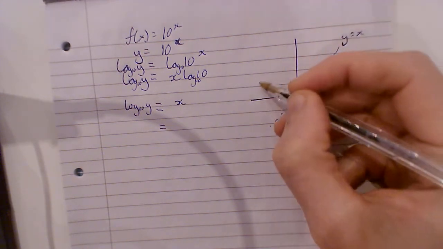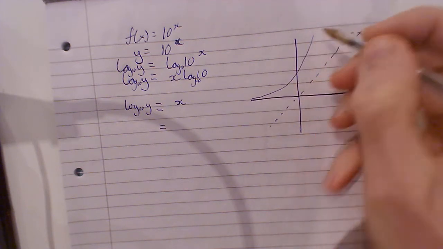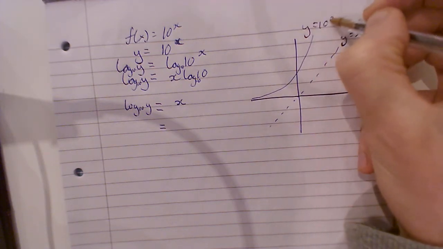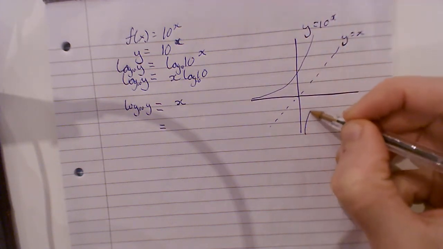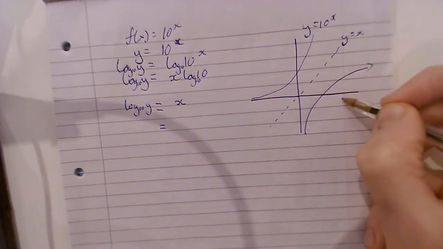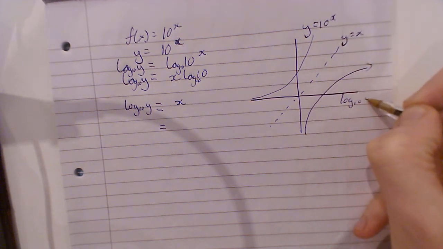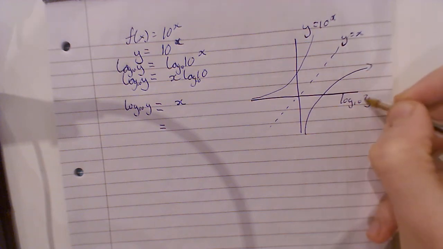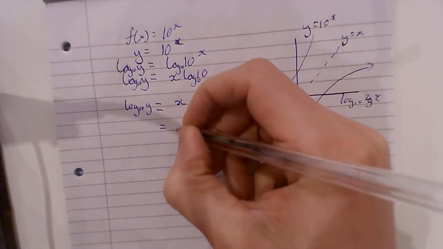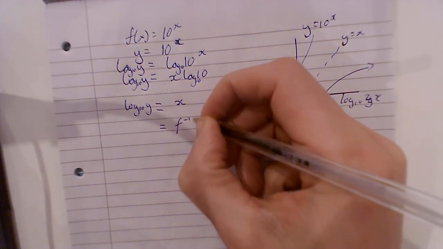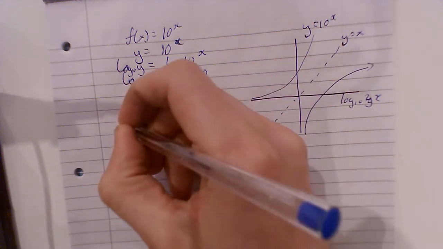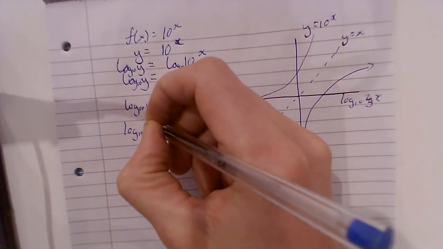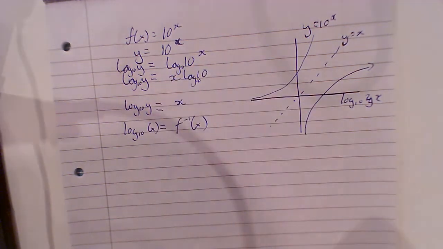This is the inverse. You're drawing it out like this. That's y equals 10^x. Now this is log base 10 of y. If you put that in, and we get rid of y, because that is now f inverse of x, equals log base 10 of x, like we did in the previous one.